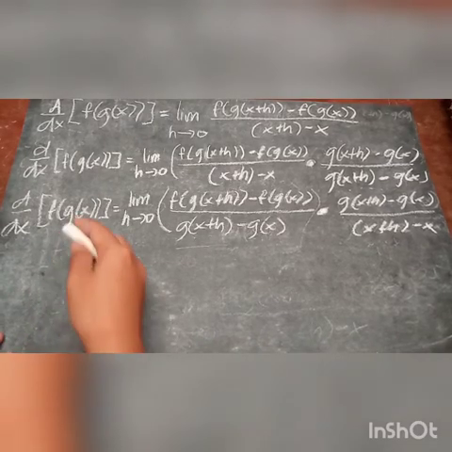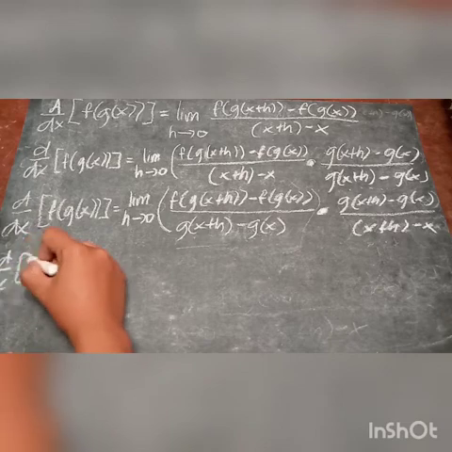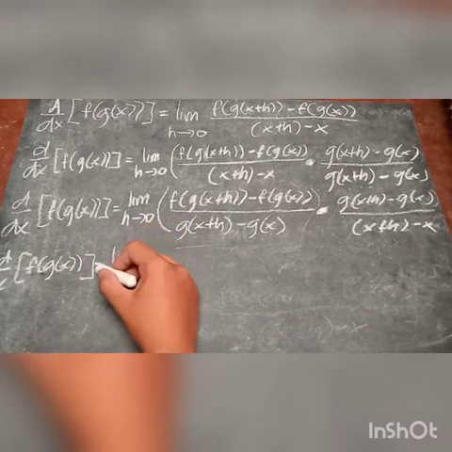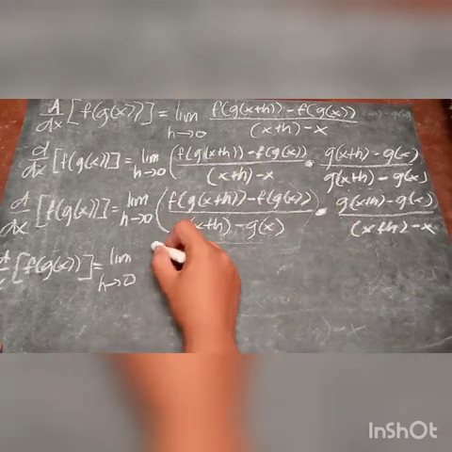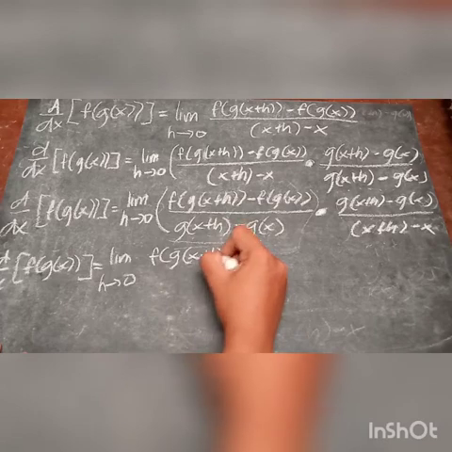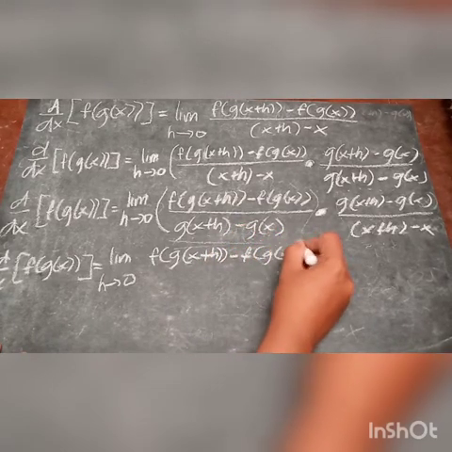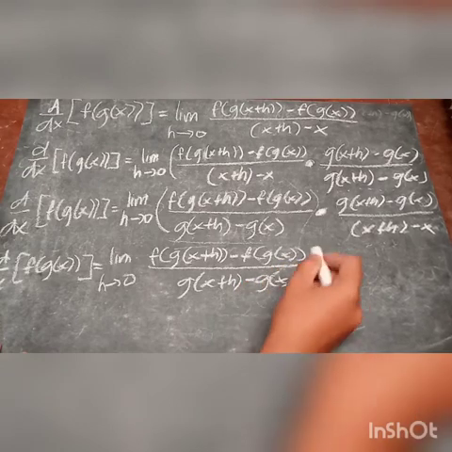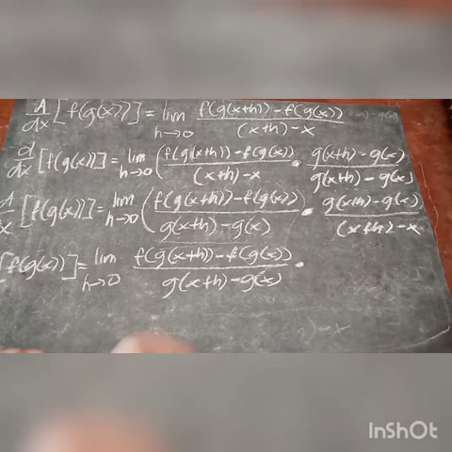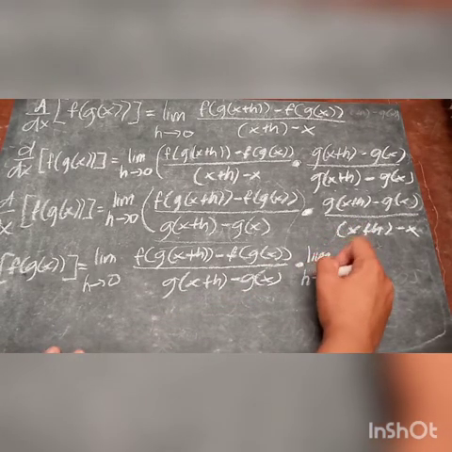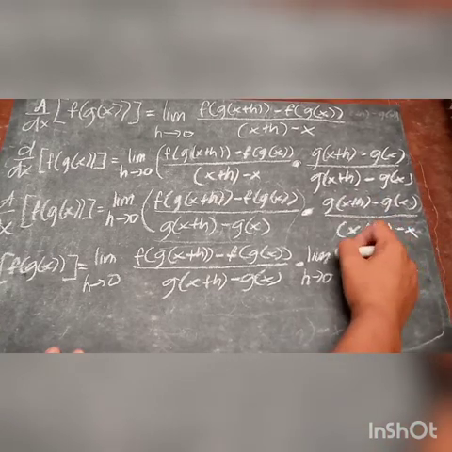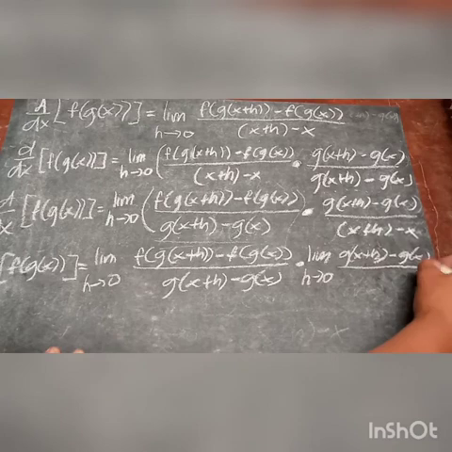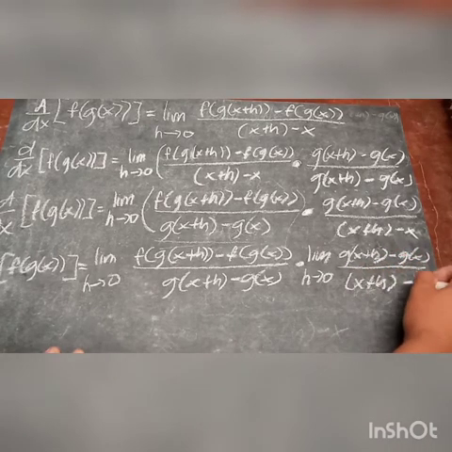So we will have the derivative of f of g of x is equal to the limit as h approaches 0 of this first fraction, f of g of x plus h minus f of g of x over g of x plus h minus g of x, times the limit as h approaches 0 of this second fraction, g of x plus h minus g of x over x plus h minus x.